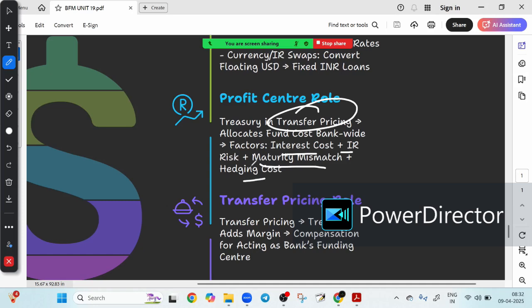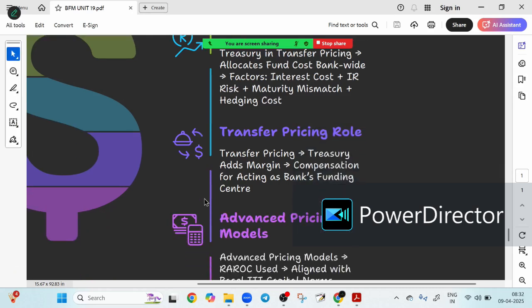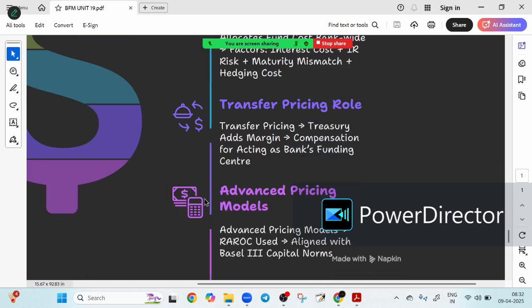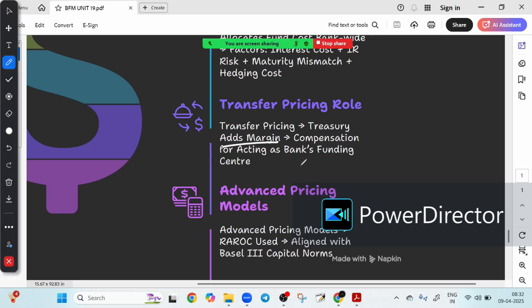This ensures accurate internal cost allocation and profitability. Think of the transfer pricing rule like the bank's internal rent system. Treasury charges a margin for being the bank's funding arm, compensating itself for acting like a financial backbone. This adds discipline and clarity to interdepartmental finance.